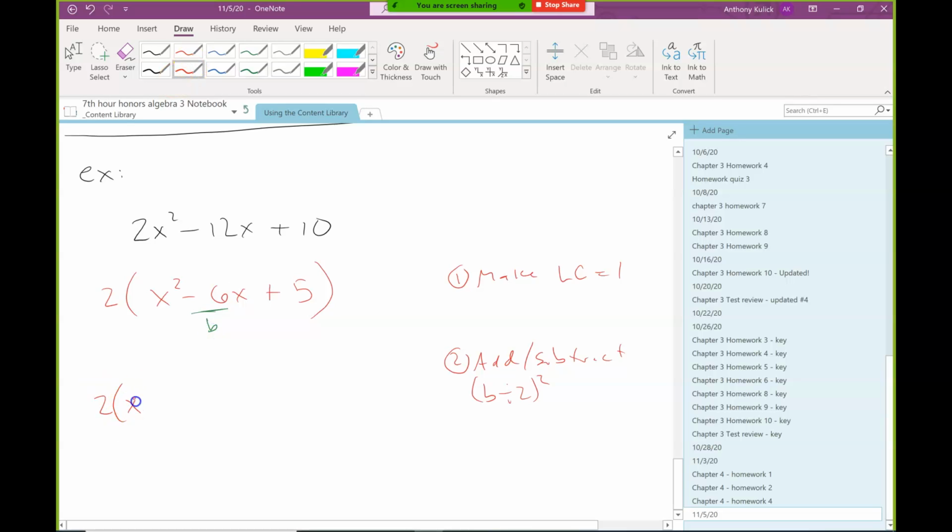So where should I put the plus 9 and the minus 9? Should it go inside the parenthesis or outside the parenthesis? Or one of each?